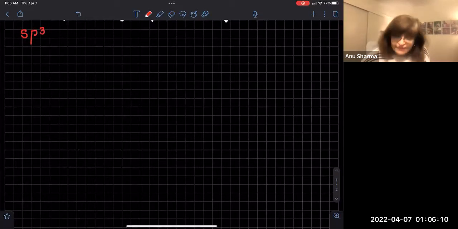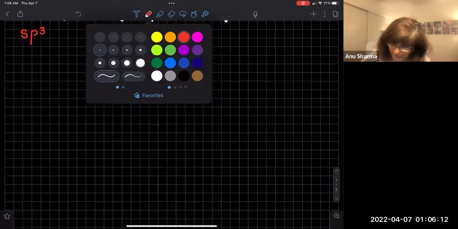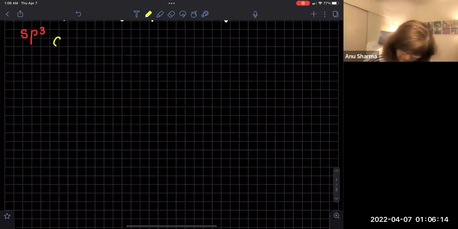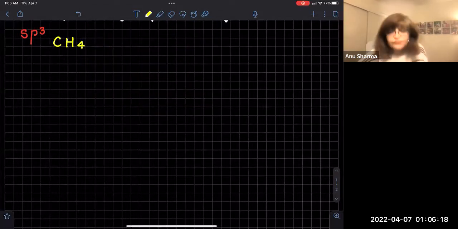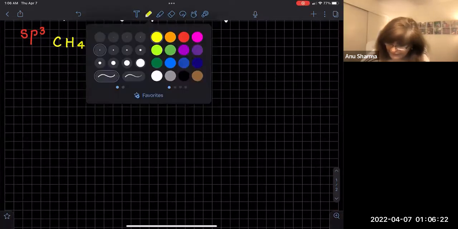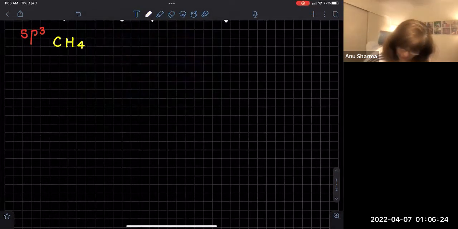hybridization. And in this one, we are going to look at, first of all, methane, carbon with 4 hydrogens. As the steps we indicated, first of all, total valence electrons.